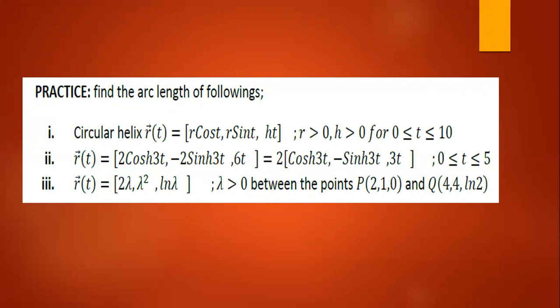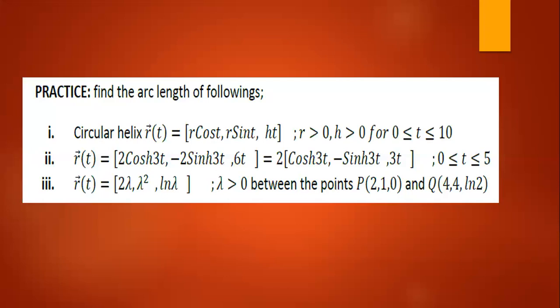And r is positive because it is a radius, and a radius must be positive. Same, h is greater than 0. There must be a number h which is positive, otherwise this direction shows negative, which is not possible.